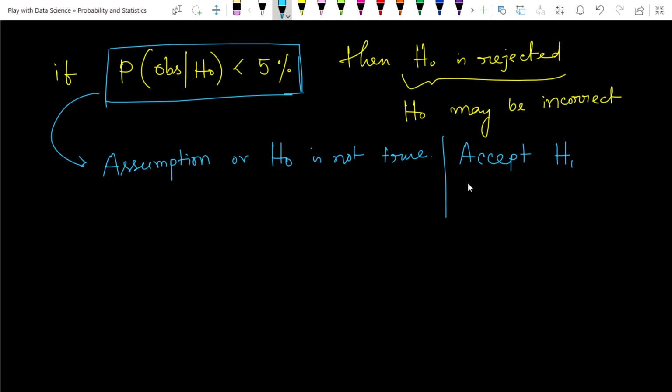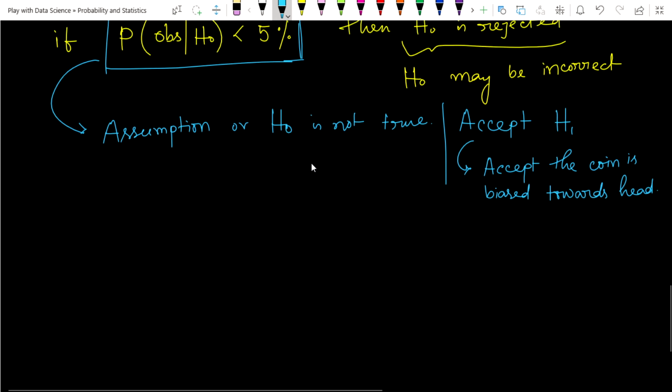We accept H1. That means we accept that the coin is biased towards heads.